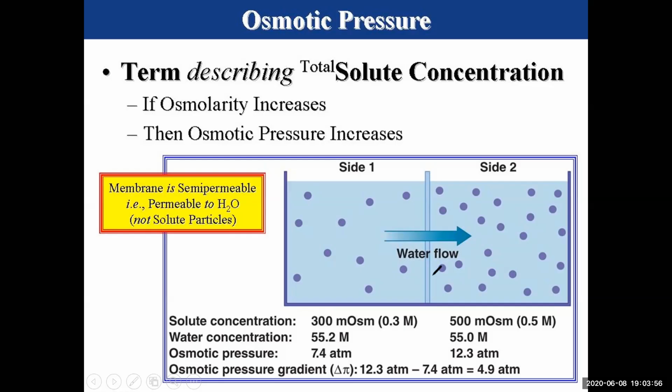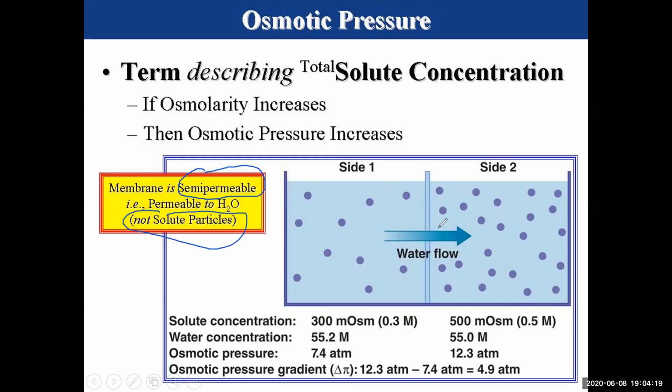So the membrane is not permeant to the solutes. Only water can flow. Because of that, we call this a semi-permeable membrane. It only allows water to move across, not solute particles. So the solute particles are not allowed to move across from side 1 to side 2 or vice versa.